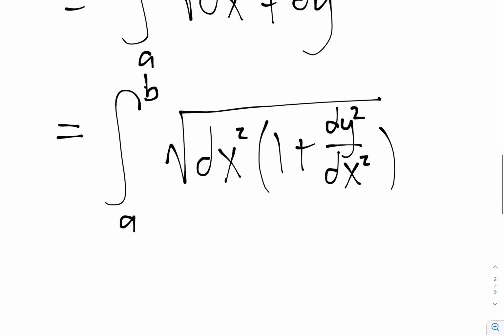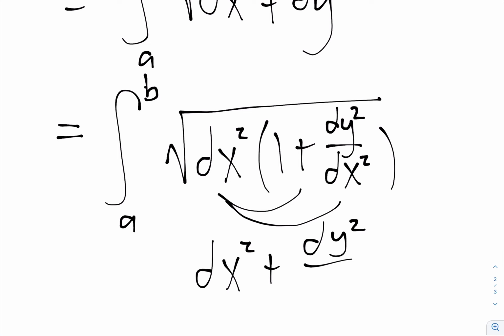So when we expand this dx squared into both these terms, we're going to get dx squared plus dy squared over dx squared times dx squared. And these dx squareds are going to cancel, and it's just going to be dx squared plus dy squared, which is exactly what we had before.